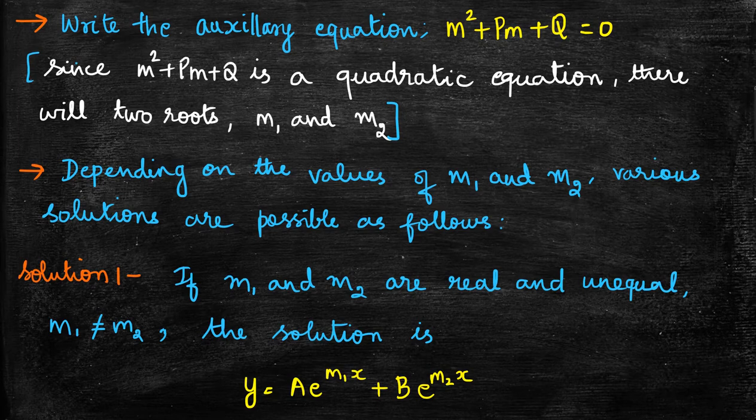It can be an integer, it can be a decimal, anything, but it should not have an imaginary number. So it should not contain i in its term. So if m1 and m2 are real and unequal, then m1 will not be equal to m2. So the solution can be written as y is equal to a e power m1x plus b e power m2x.